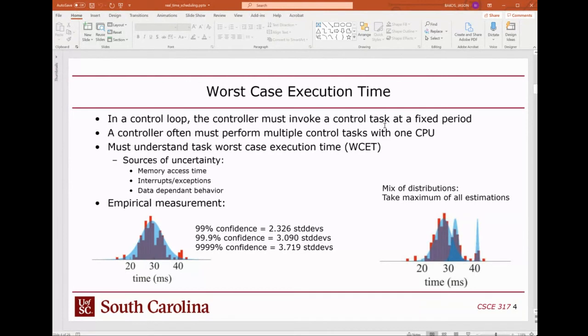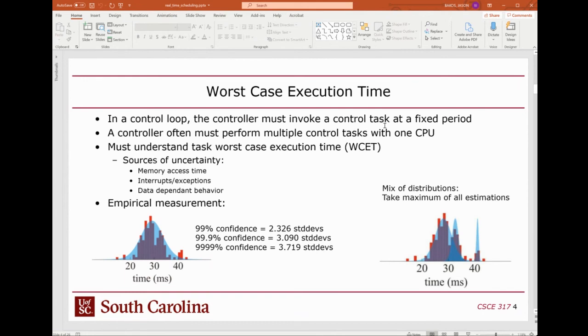So yeah, I basically mentioned this. One of the big problems, though, is the execution time, because computers have a lot of uncertainty when you run a program and you're measuring its execution time. That's because computers can be non-deterministic, because you've got different memory access times depending on the cache performance.